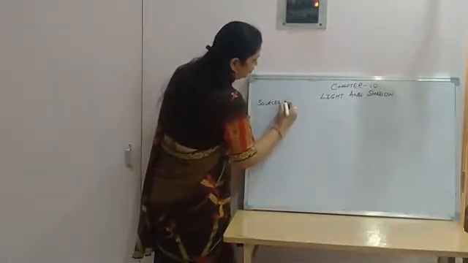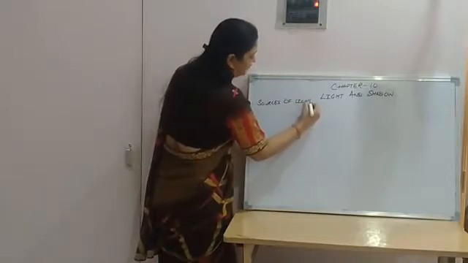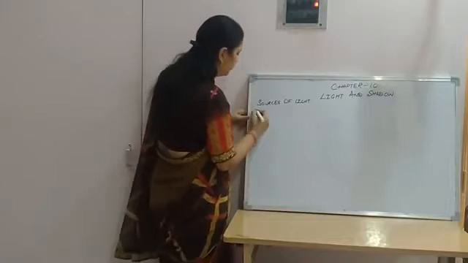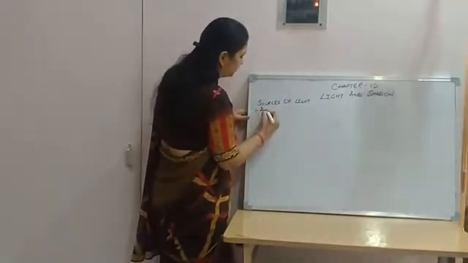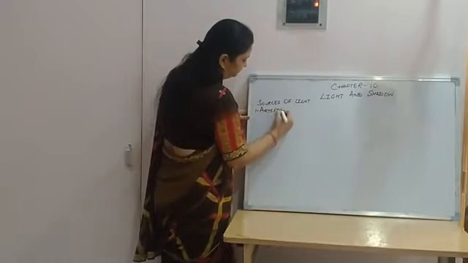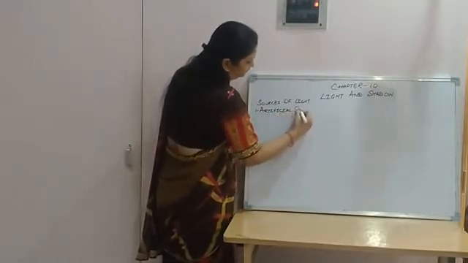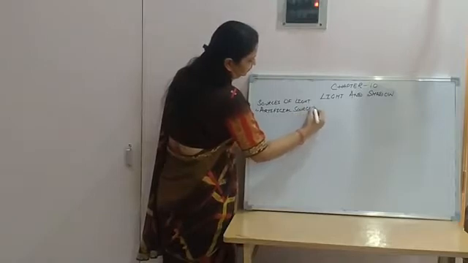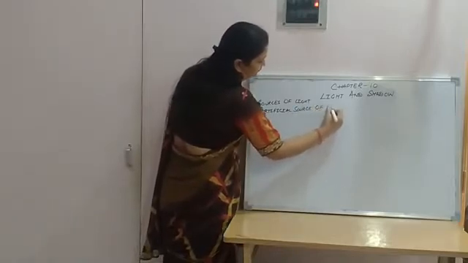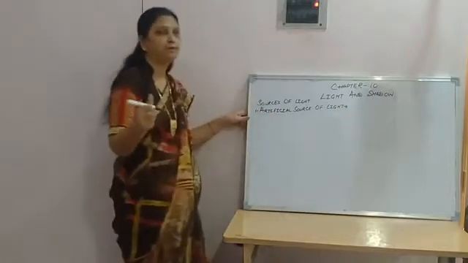sources of light are of two types. First one is artificial source of light, which are created by men.